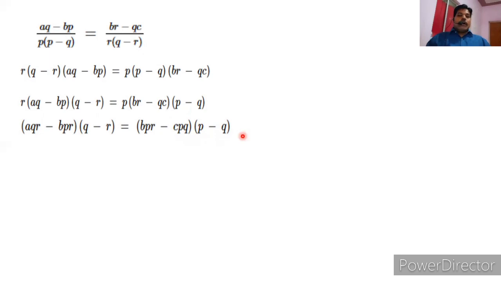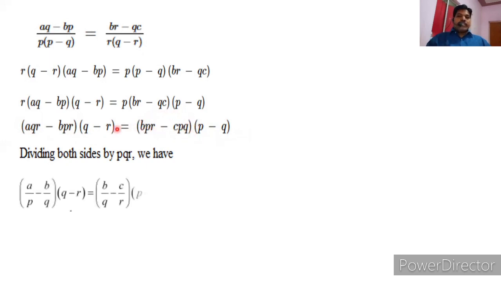Now I am dividing the total equation by PQR, LHS and RHS. What happens? See that one.